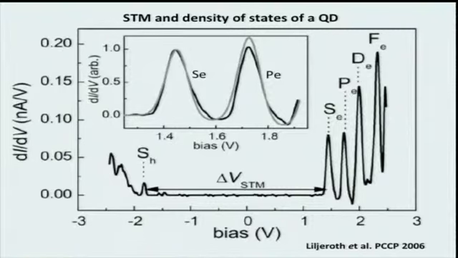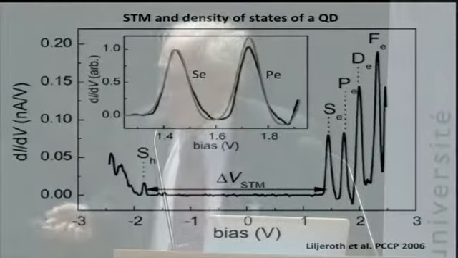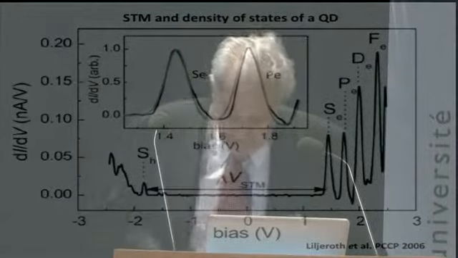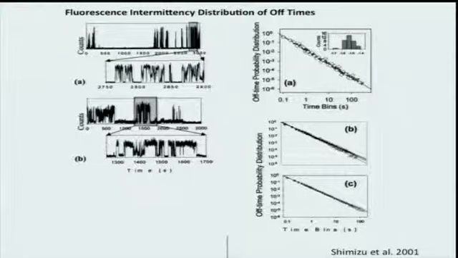All right, and so here's this STM, and here are these different energy levels, these discrete levels. The ones for holes are more closely spaced. So this is one of the various kinds of studies that are made to try to characterize quantum dots. And this intermittent fluorescence is exhibited here.